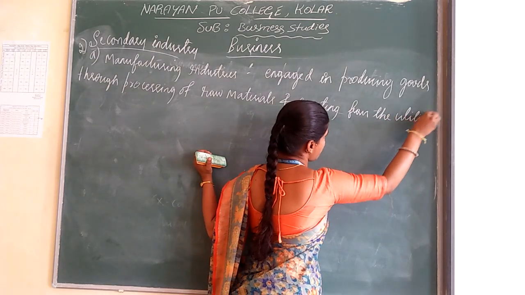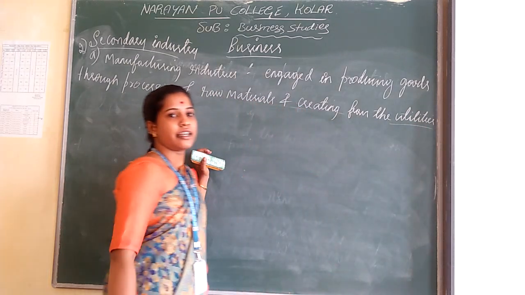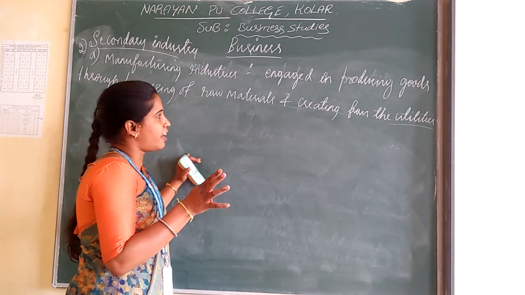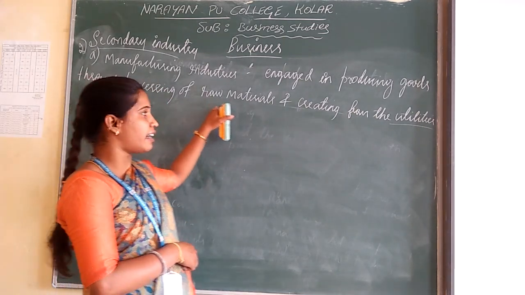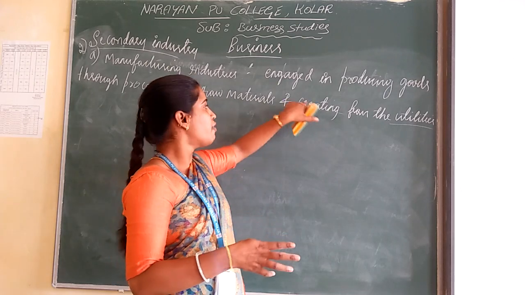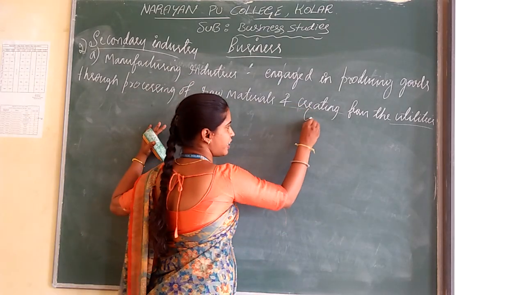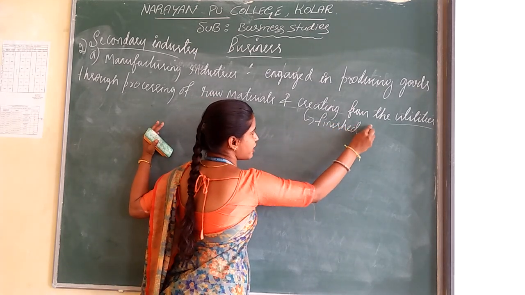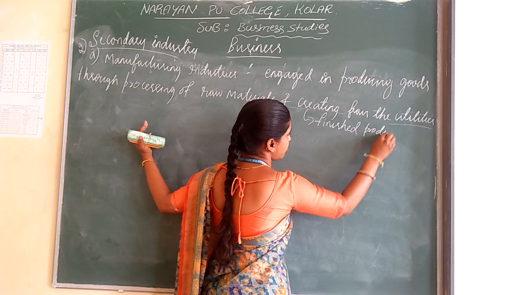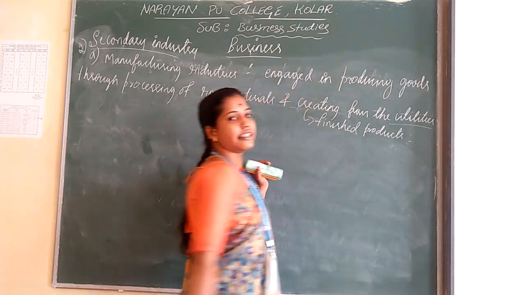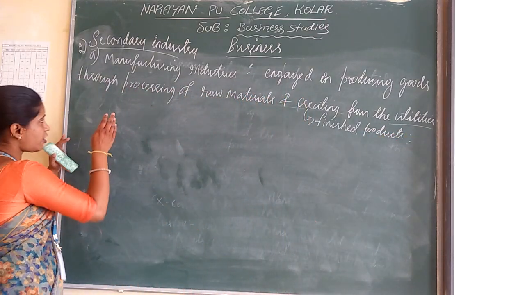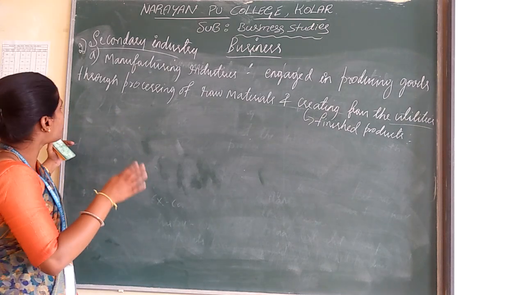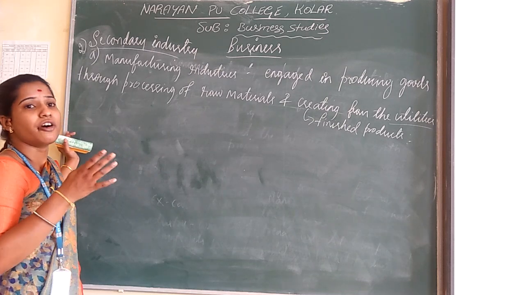The utility means uses. Creating utilities, they bring out diverse finished products. That means the raw materials can be converted into finished products. That is known as manufacturing industries.